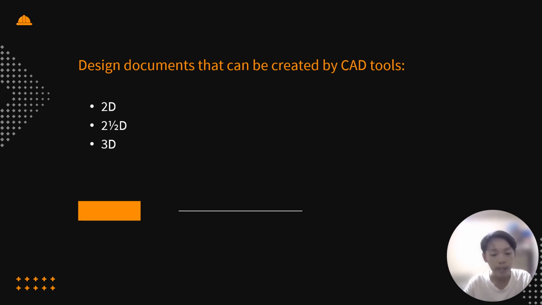So, the term 2.5D design refers to a design approach that lies between two-dimensional and three-dimensional design. It incorporates the elements of both 2D and 3D design to create visually compelling and dynamic composition. So sa 2.5D, it's just like nasa mid siya ng 2D and sa 3D.